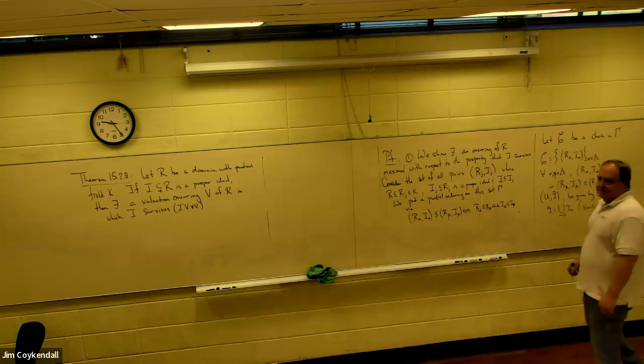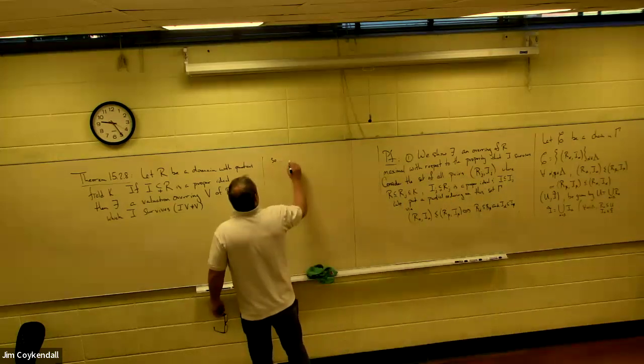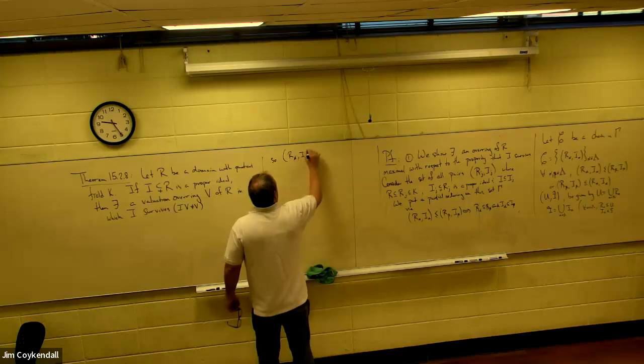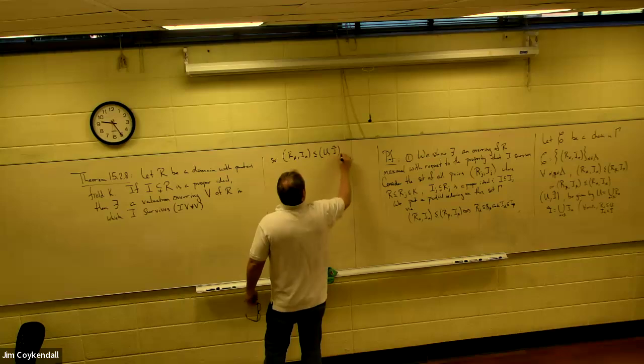So (R alpha, I alpha) is less than or equal to (U, I hat) for all alpha in the index set.